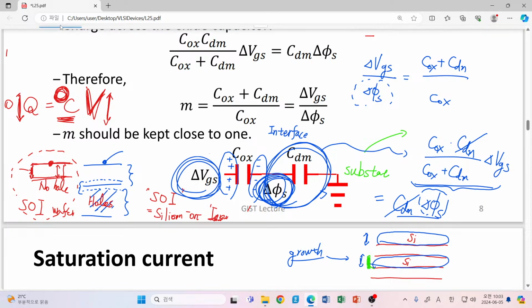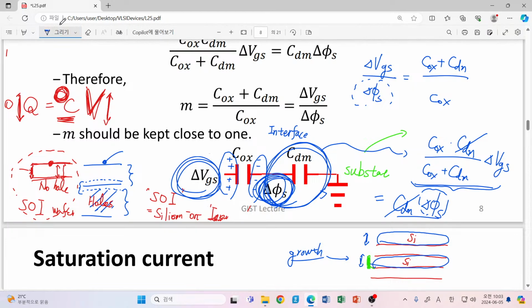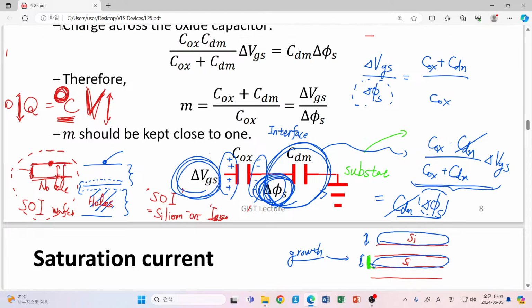Only by changing the gate voltage can we indirectly change this surface potential, and it is given as 1 plus CDM over Cox. What is the meaning of this expression?